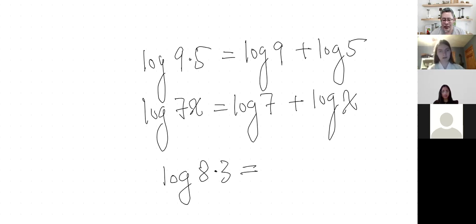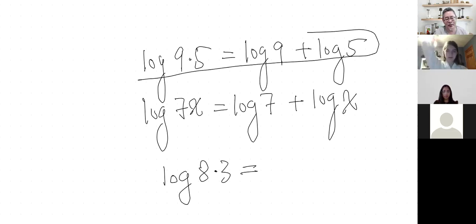Do you want me to write it as log 8 plus log 3 or actually add them together? Well, we just write it as what I did here. Okay. Yeah, very good. Good job, Toby.